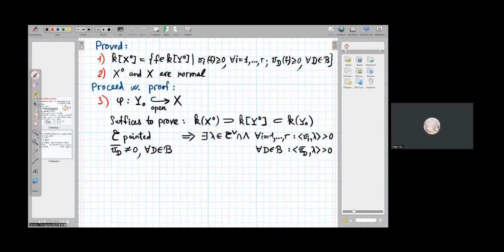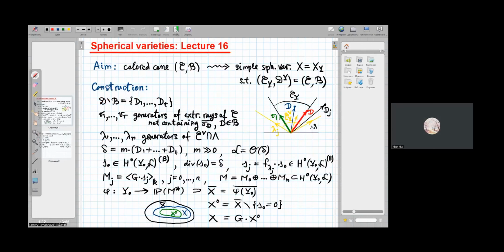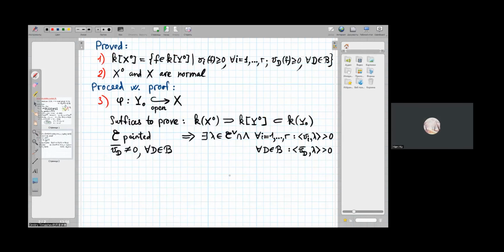From this formula, such a lambda exists. And this means that if you take any regular function on the open B orbit, this function may have poles only outside the open B orbit. So the poles of this function f are B stable.